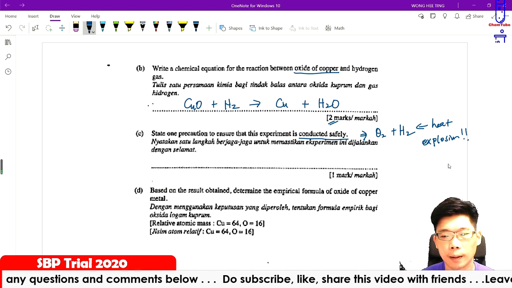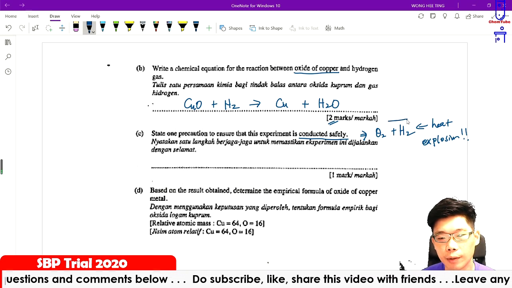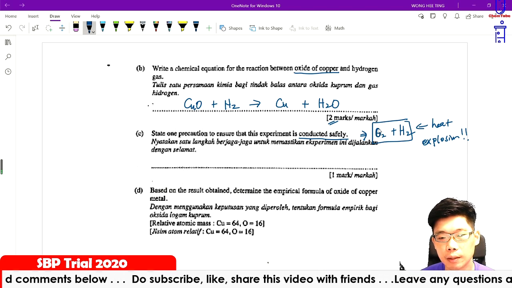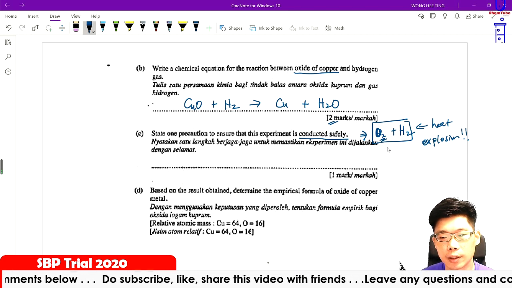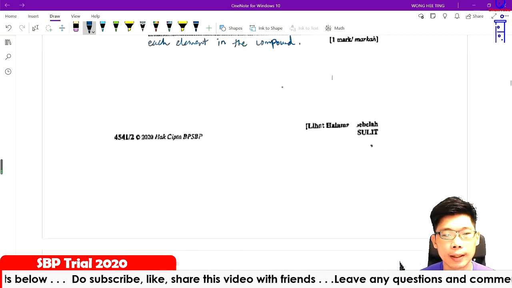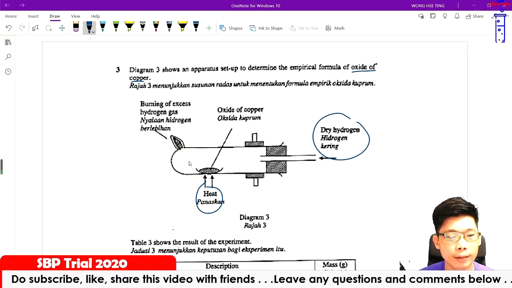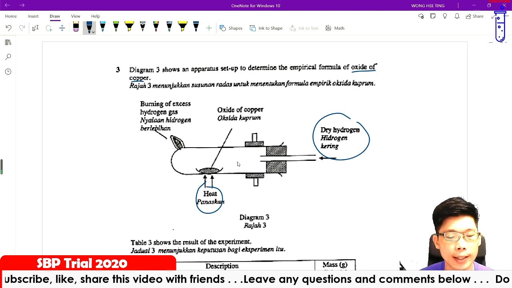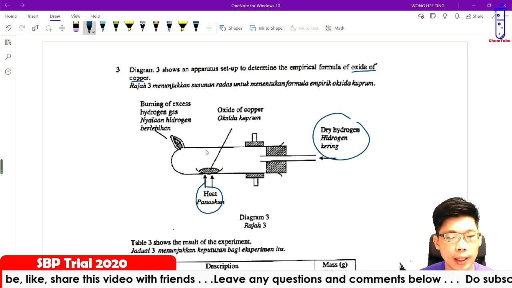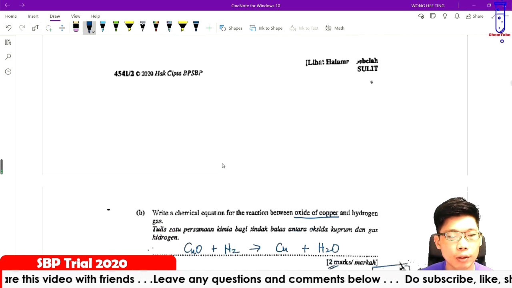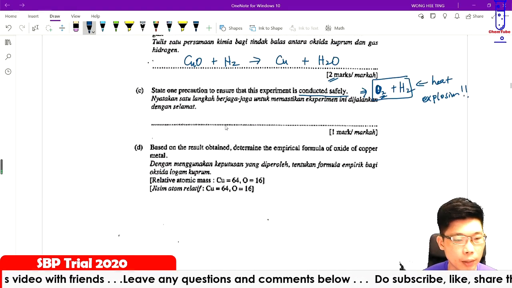So we cannot let this happen. We have to get rid of the oxygen gas inside the combustion tube before we heat it. So how do we do this?